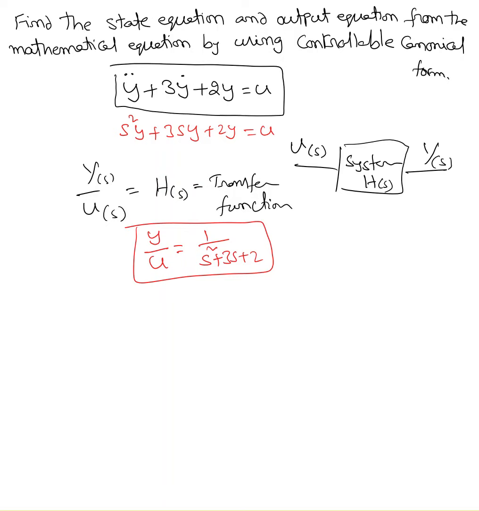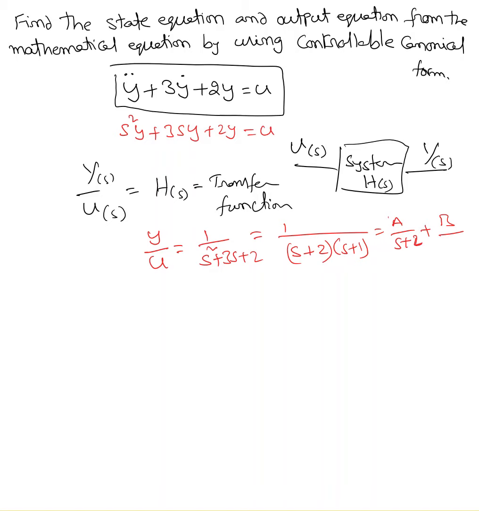If you want to write it in time domain by using the inverse Laplace transformation, I can write this as 1 over (s plus 2)(s plus 1), so it's going to be a over s plus 2 plus b over s plus 1.